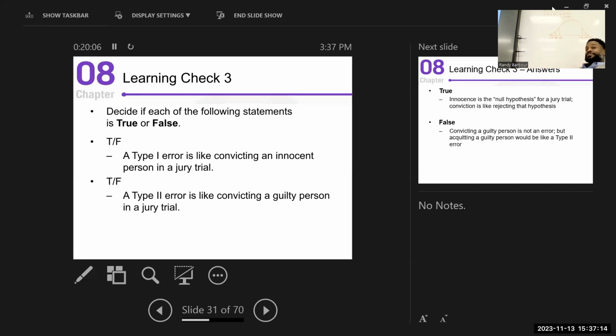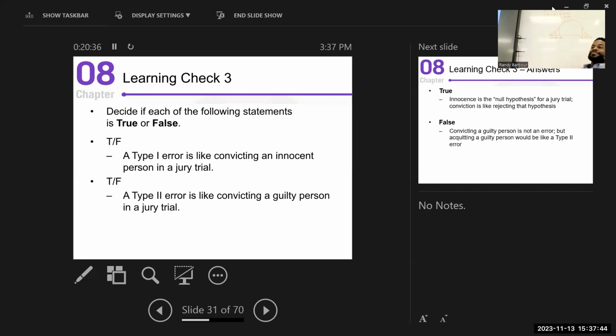So when you reject the null hypothesis, he didn't do anything; the alternative hypothesis is that he's guilty, he did something. When I reject the null hypothesis, that means I think he did something. But for a type 1 error, it's like convicting an innocent person, right?